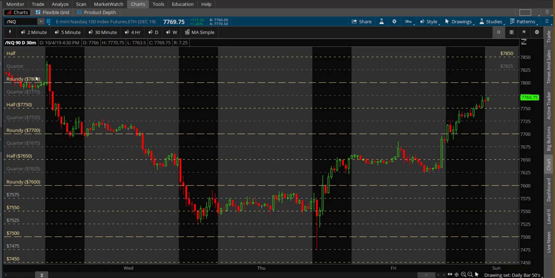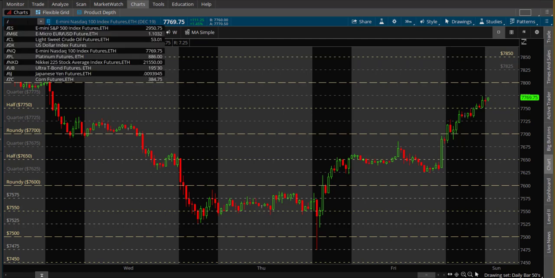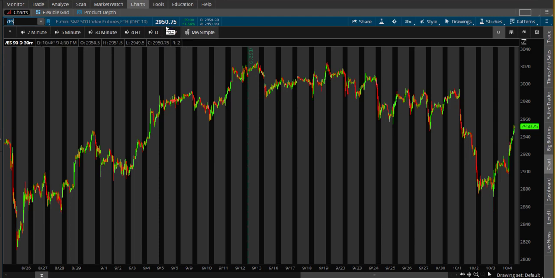So for an example, right now I have the NASDAQ showing. If we flip over to the ES, recognize the NASDAQ moved 1.45% on Friday. We're going to go to the ES. It moved 1.34 on Friday. So it didn't move as much, but it moved almost as much on a percentage basis as the NASDAQ, right?